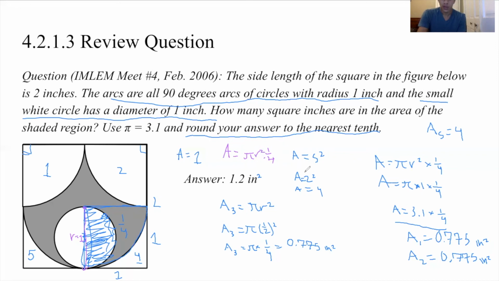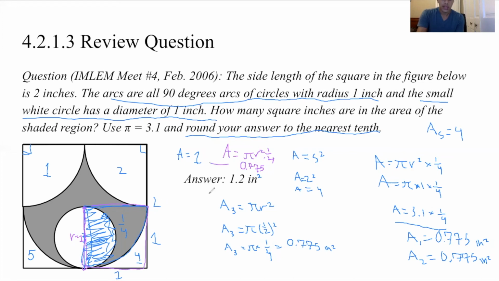And we know from the past, when we multiply pi times 1/4, that gives us 0.775 inches squared. So now if we subtract the 0.775, which is the area of this 1/4 circle, from the area of this bigger square that we drew, we can find the area of this unshaded region 4.